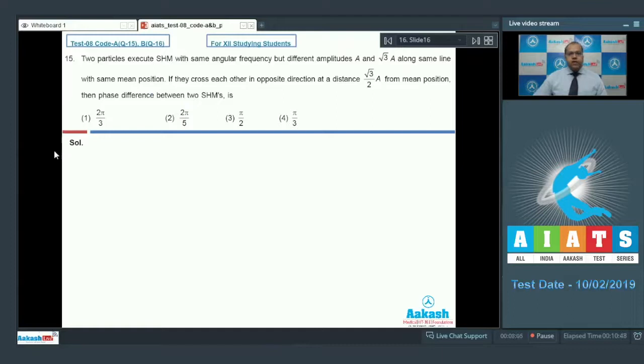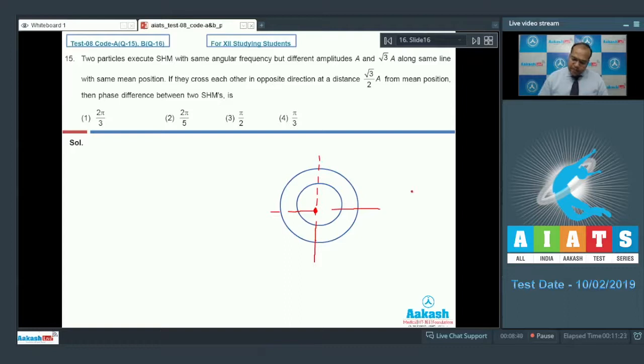In order to understand this problem, let me draw two circles of radii A and root 3 A. This is my first circle, its radius is A, and this is my second circle, its radius is root 3 A. This is the mean position, and I am taking the SHM motion on the vertical y-axis.